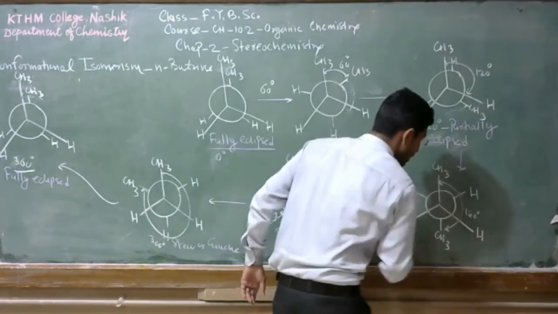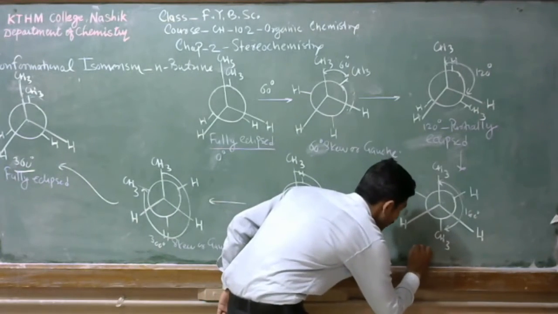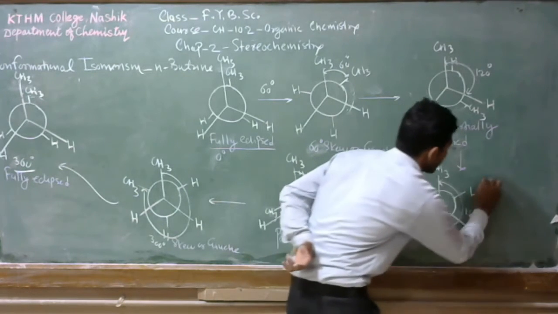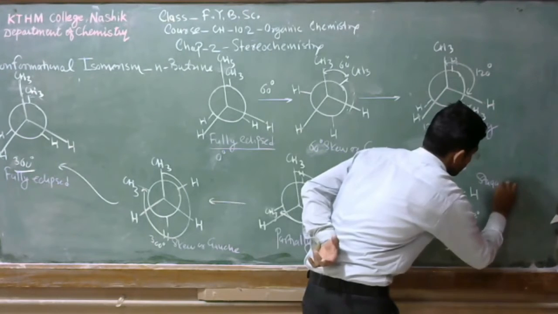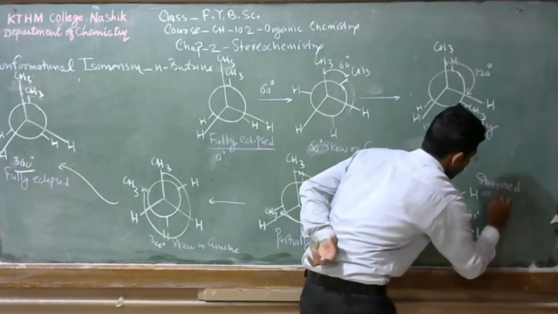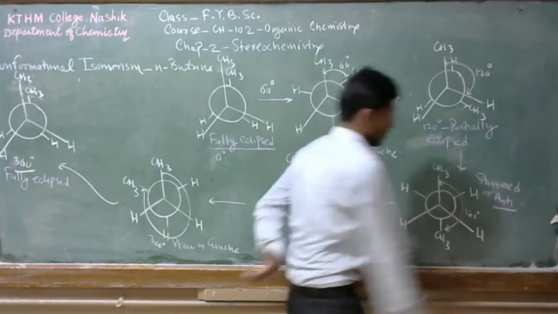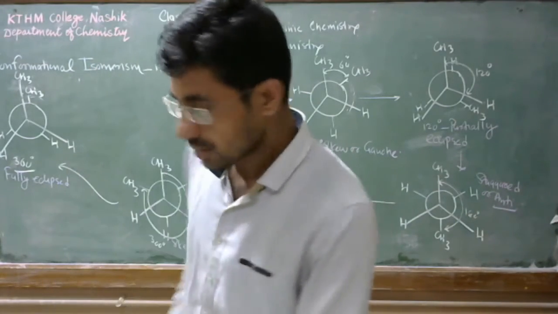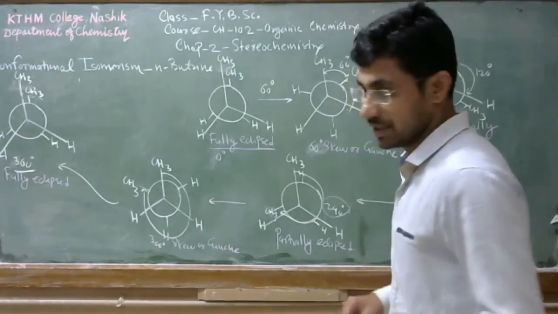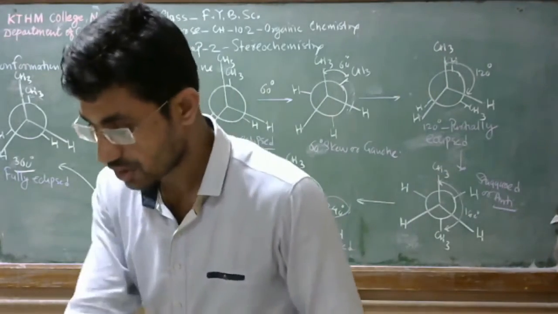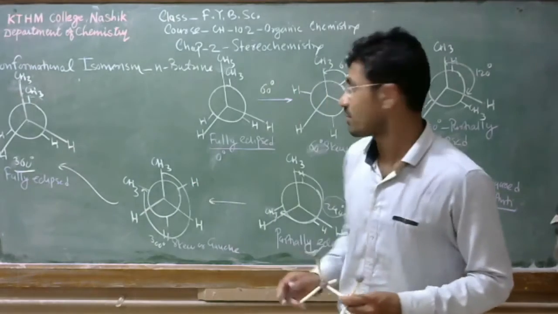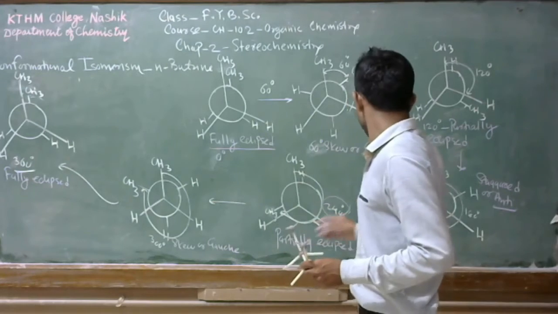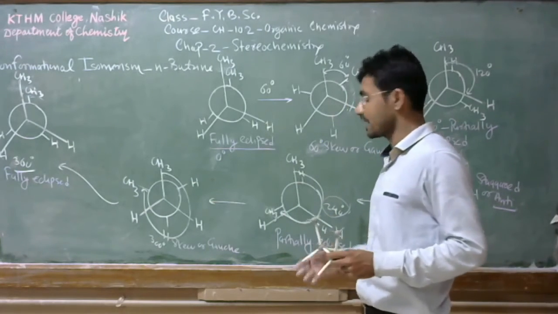And for angle 180 we can observe the staggered conformation. Staggered is also called anti-conformation. This is possible for angle theta of 180 degree. So one by one we are going to consider these conformations: the fully eclipse conformation, then skew or gauche, then partial eclipse and anti-conformation.